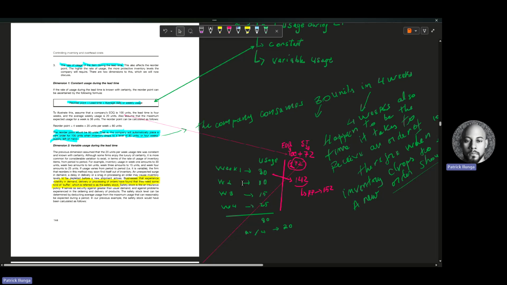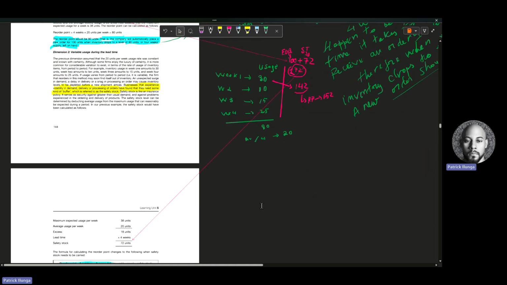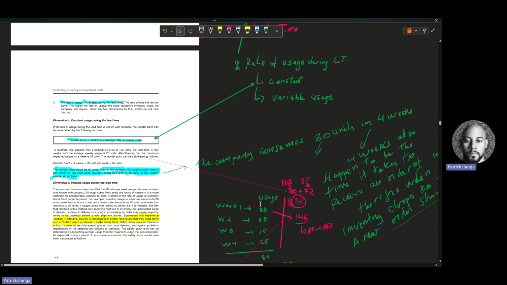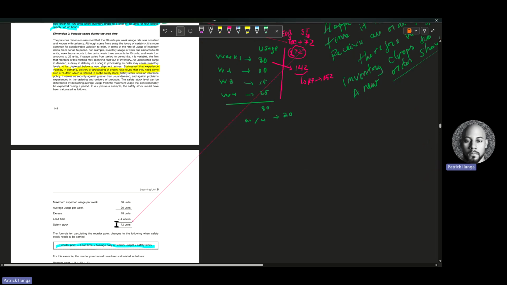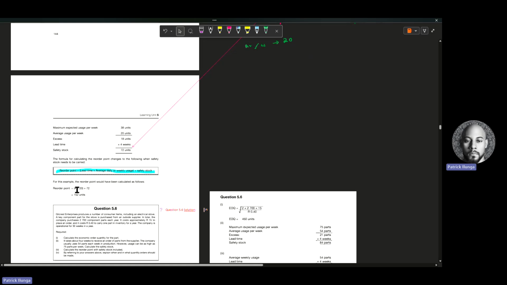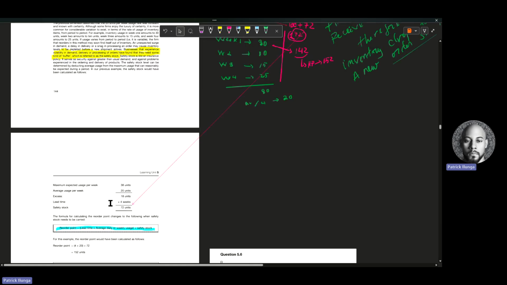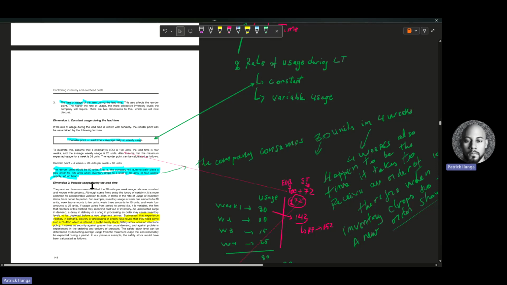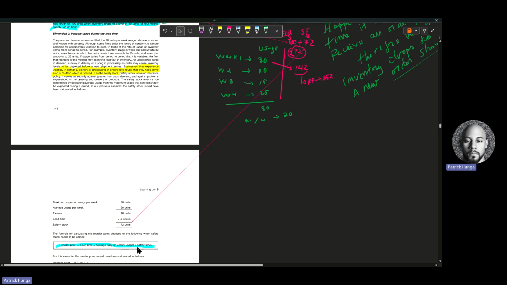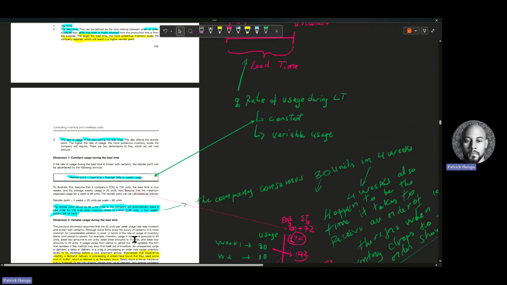So during week one, you need to reorder, because you might run out of stock. Remember, the lead time is still 4 weeks. The lead time is not changing. It's 4 weeks times 20 plus 72, which is 152 units. So when the usage is variable during lead time, you need to use this formula because you need to calculate the safety stock.